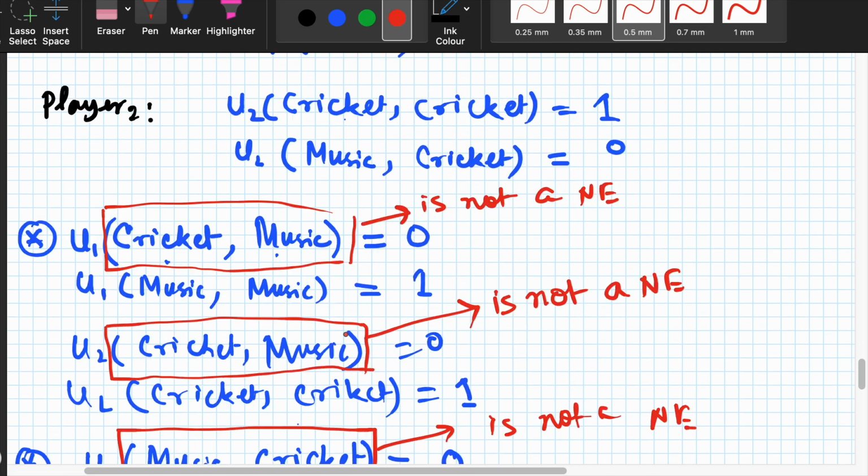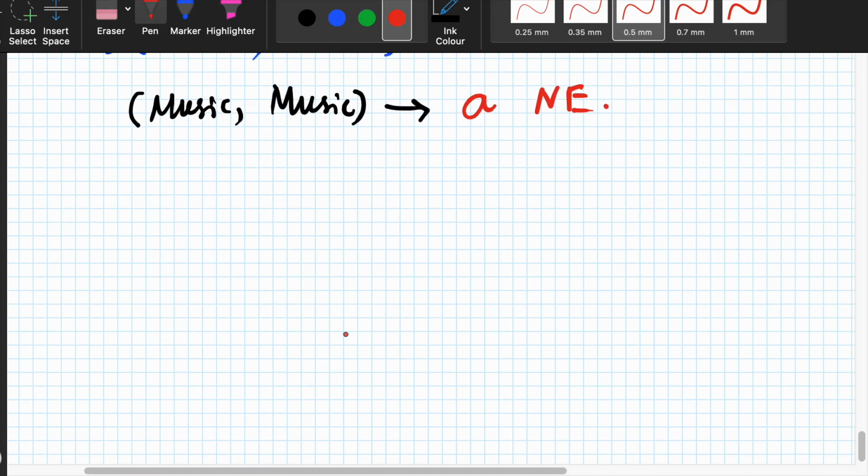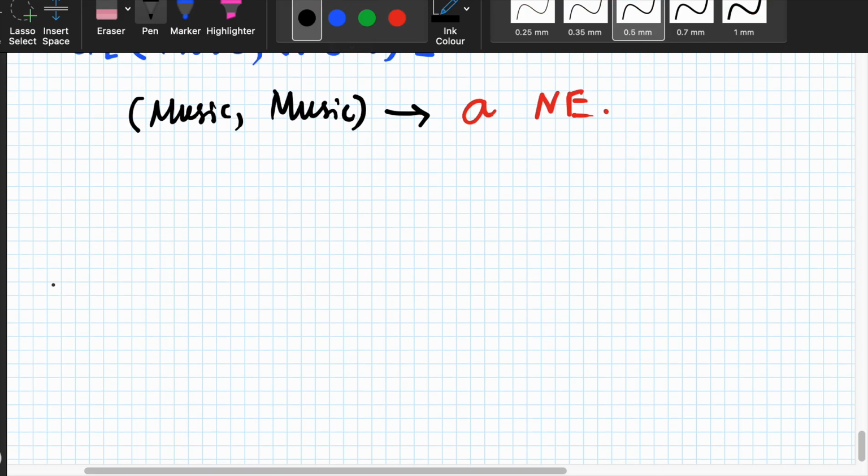Now we will see another game where there is no Nash equilibrium present, that is matching pennies. Up to now, whatever we have been talking about is called pure Nash, because we are only talking about Nash equilibrium in the sense of pure strategy.